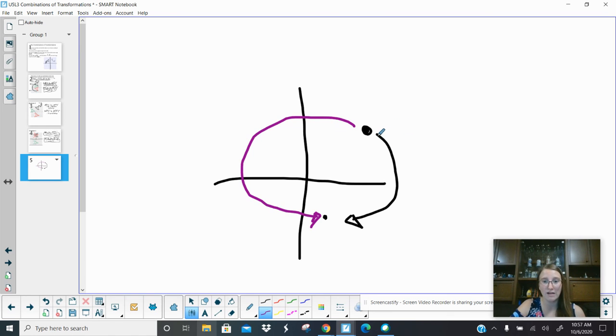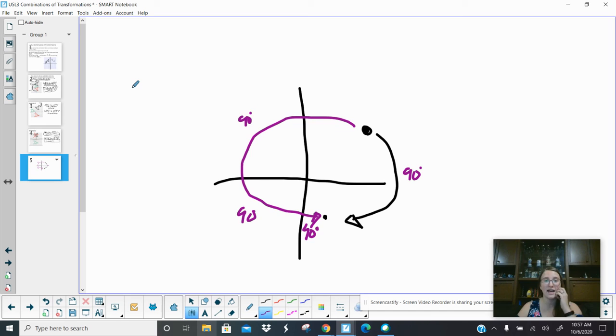Here, it only travels through one quadrant. Here, it travels through 1, 2, and 3. So you have to be careful. This is a 90-degree clockwise. This is 90 plus 90 plus 90. That's 270 degrees counterclockwise.